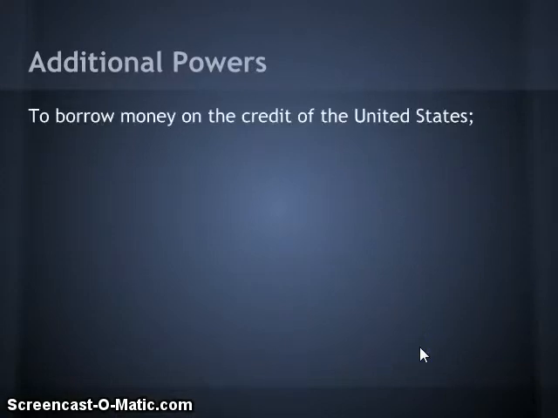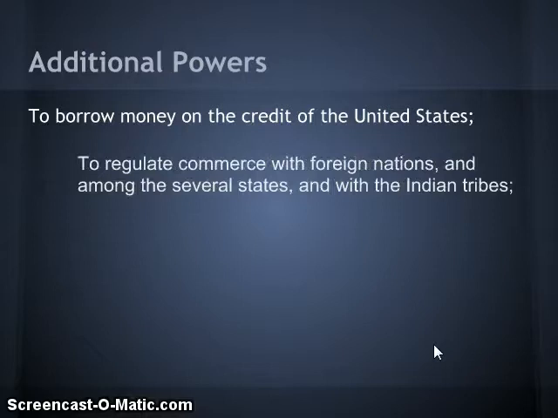And we talk about additional powers: to borrow money on the credit of the United States, to regulate commerce with foreign nations and among the several states and with the Indian tribes. And this one right here, to regulate commerce among the several states, is the single biggest clause used to pass laws at the federal government level.